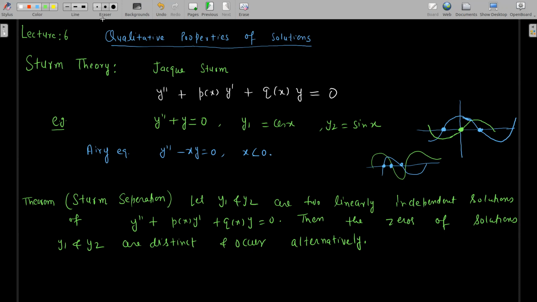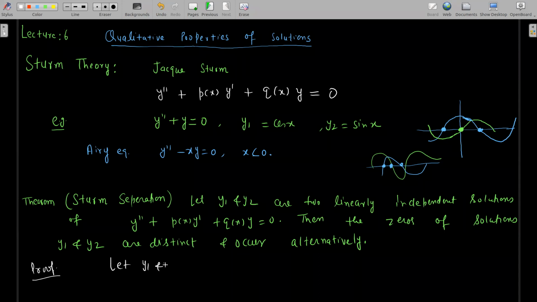This is the same as the cos and sin example I took: at the point where cos vanishes, sin does not, and at the point where sin is zero, cos will not be zero. So the zeros of the solutions are distinct and occur alternately, and that we need to prove. First we write the given information.